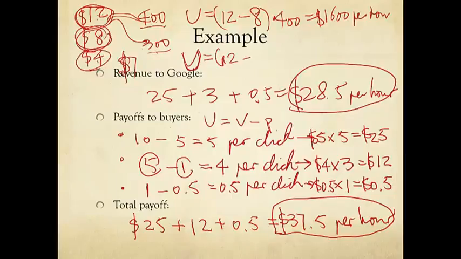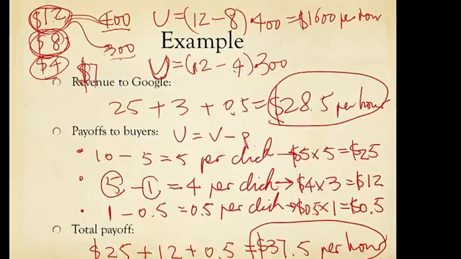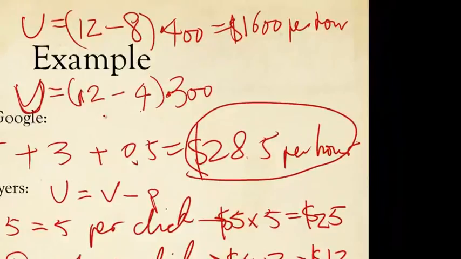Again, assuming the third buyer bids truthfully, that would be 4. But of course, for this spot I don't get 400, I only get 300 clicks per hour. Times 12 minus 4, that's $8 per click. That translates into $2,400 per hour.